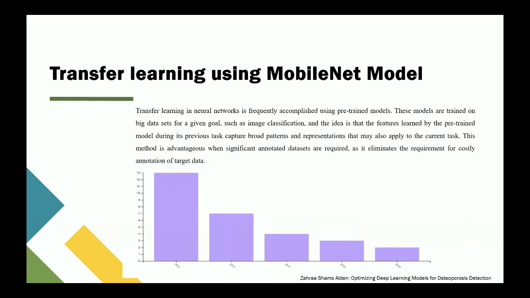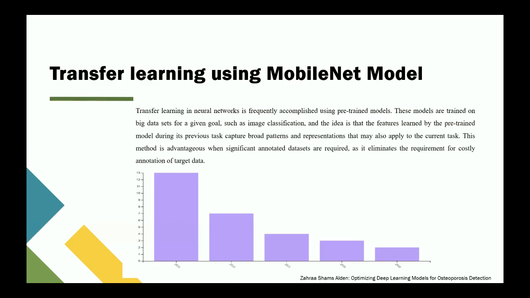Our model will incorporate transfer learning, which is frequently accomplished using pre-trained models. These models are trained on big data sets, so we can use them as the base model for our developed model.